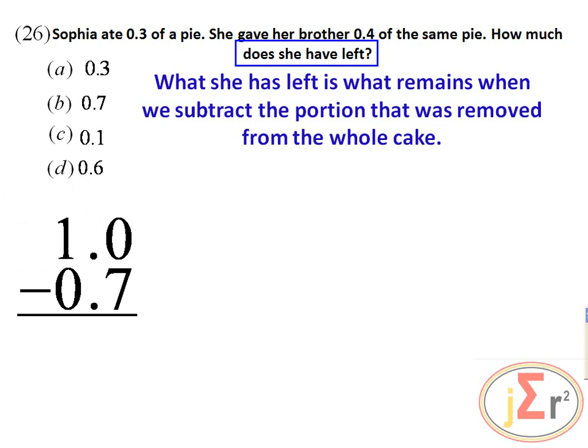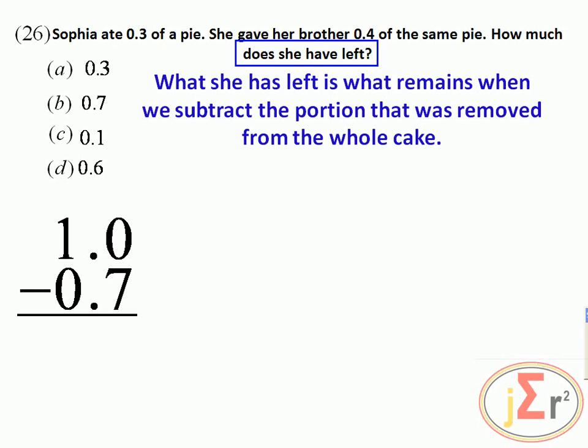Now, the whole cake is represented by 1 cake. So the whole is represented by 1. The whole is 1 whole cake. And we will take away the total that was removed, which is 0.7 of the cake.